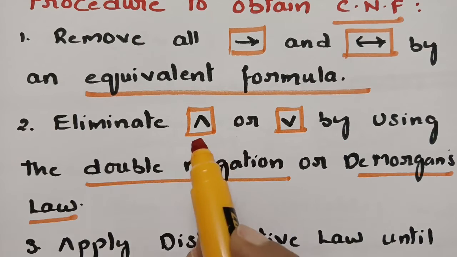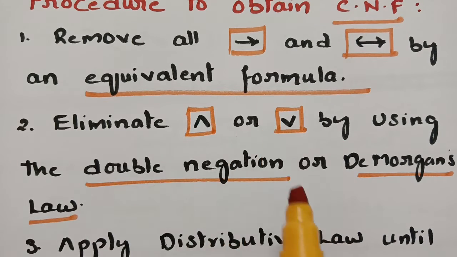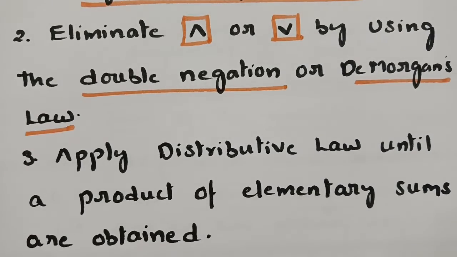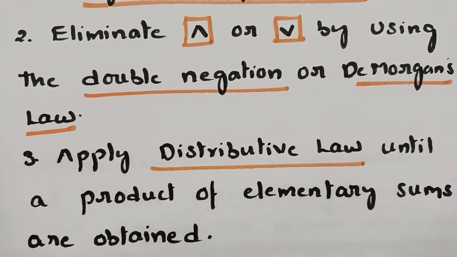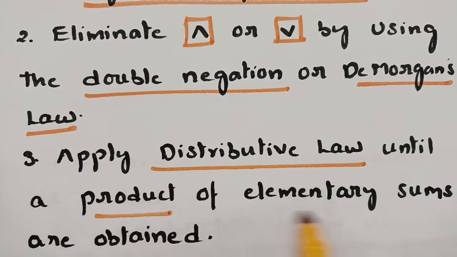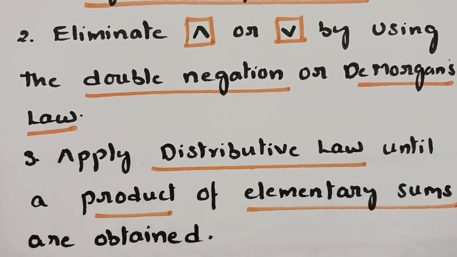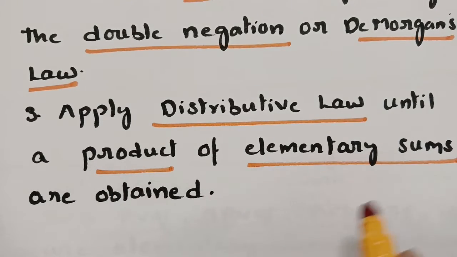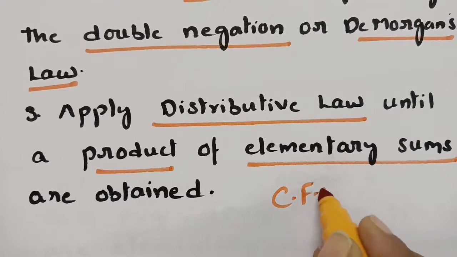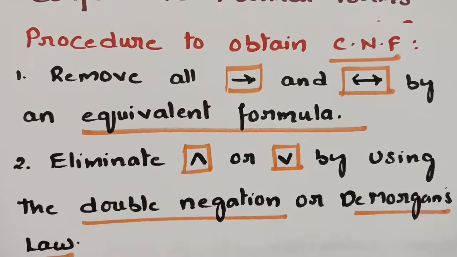So first remove implication and double implication, and next, and/or. Then we apply the distributive law until a product of elementary sums is obtained. If we get a product of elementary sums, this is nothing but CNF. The procedure is also very simple.